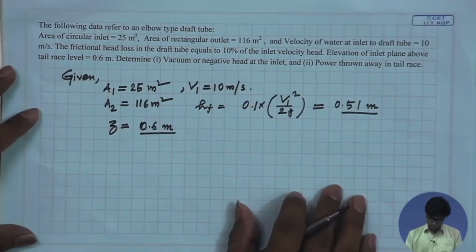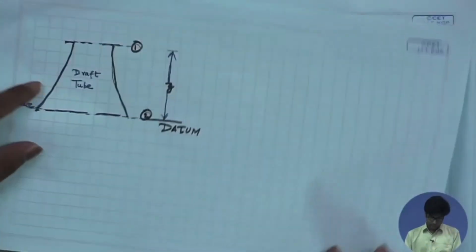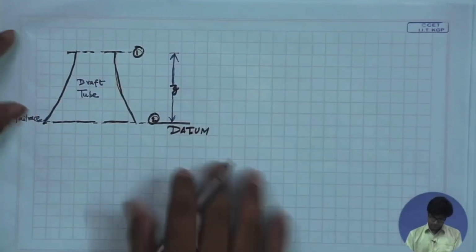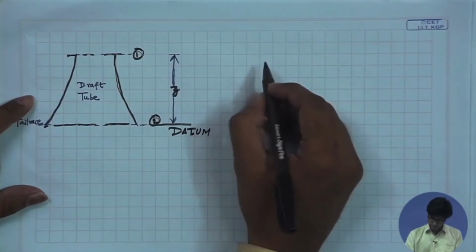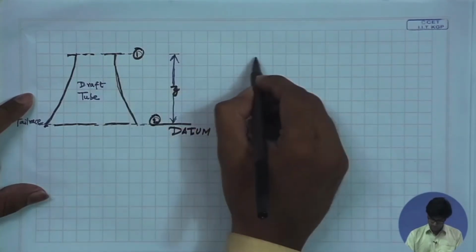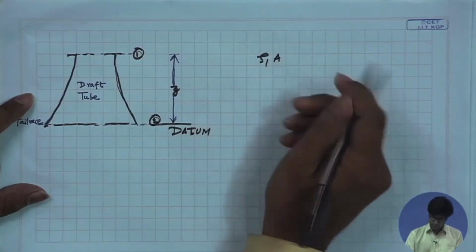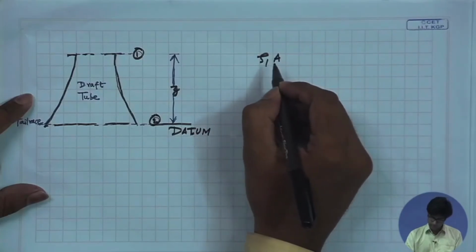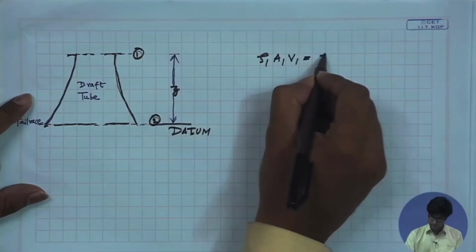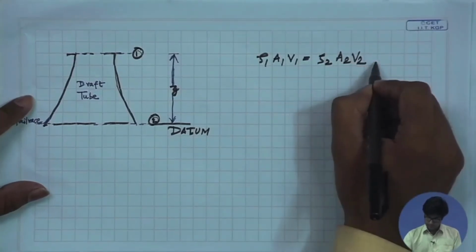First, we have to find out the negative head at the inlet. So, let us apply Bernoulli's equation between these 2 points. Before that, let us apply the law of continuity or the conservation of mass between these 2 points. We can equate the mass flow rate at the inlet and the outlet, and we can write rho1 A1 V1 is equal to rho2 A2 V2.